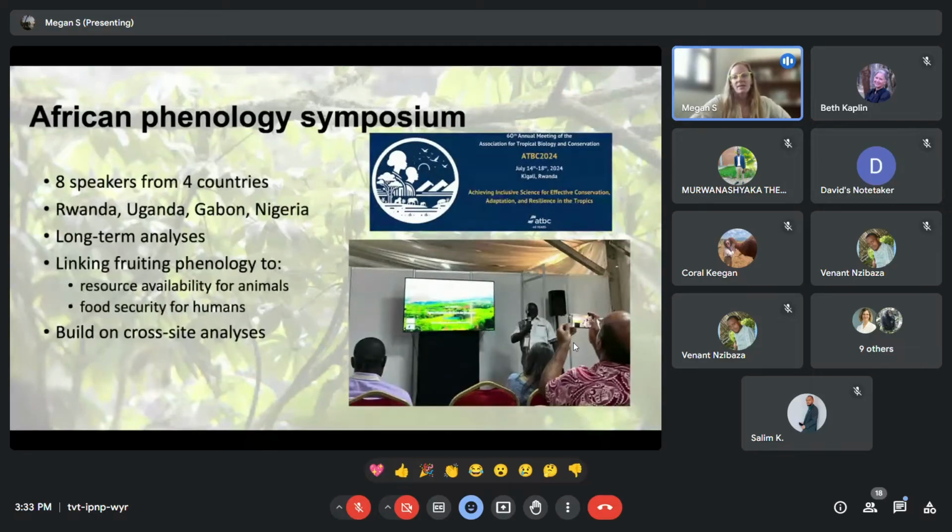Something that we discussed at the meeting, which we're really excited to build on, is cross-site analyses that we could do. The comparison that I'm doing with Lope is one site and another site, but there are papers.